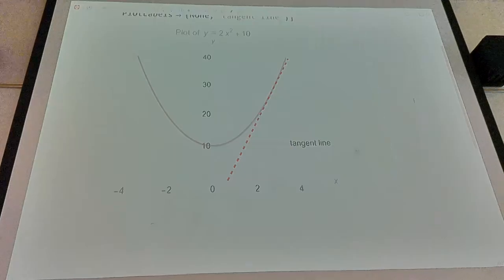Yeah, it looks a lot better. And then I could copy it into the slides if I had room, which I don't.